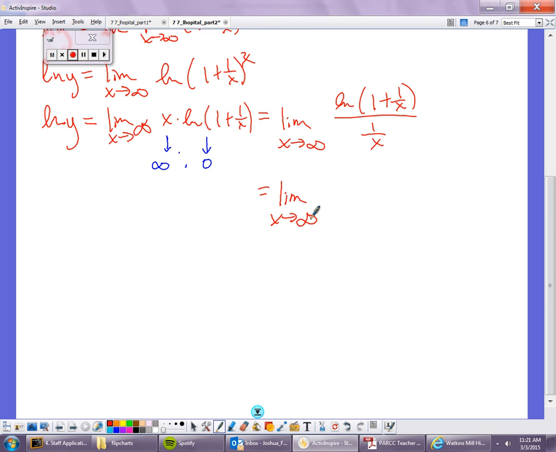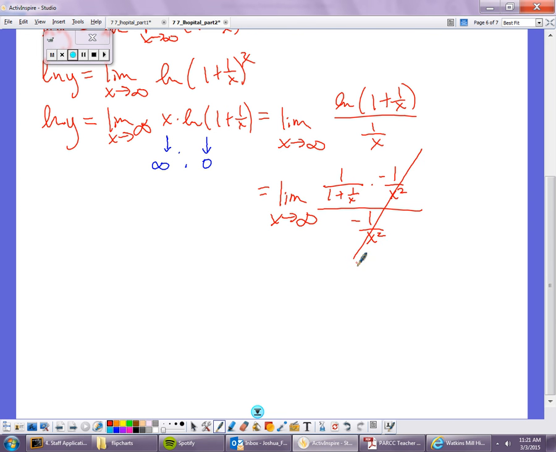The derivative of ln(1 plus 1 over x) is 1 over (1 plus 1 over x) times the derivative of the inner function, which is negative 1 over x squared. And the derivative of the denominator, 1 over x, is just negative 1 over x squared.